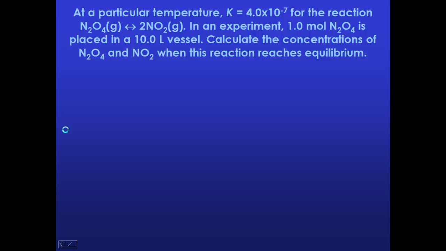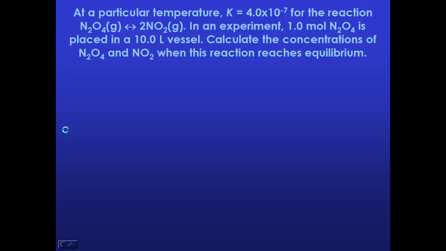So with that much of a disparity, I usually say if there's at least 2 powers of 10 difference between them, you're going to be able to make the math a little bit simpler. When your K is really small, remember that means that the reactants are favored. So N2O4 is going to be the predominant state that we see the molecules in, but there will be some NO2 being formed as well.